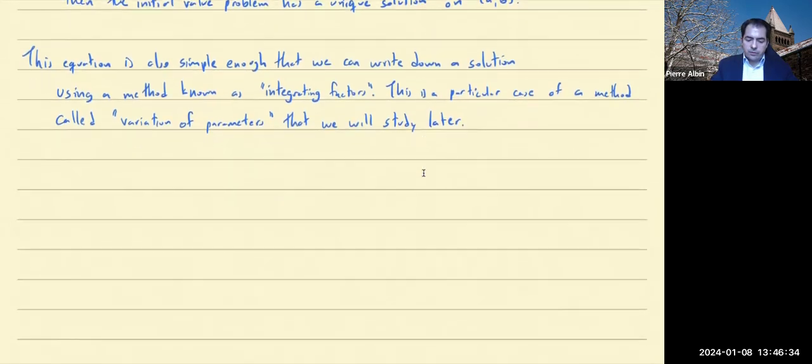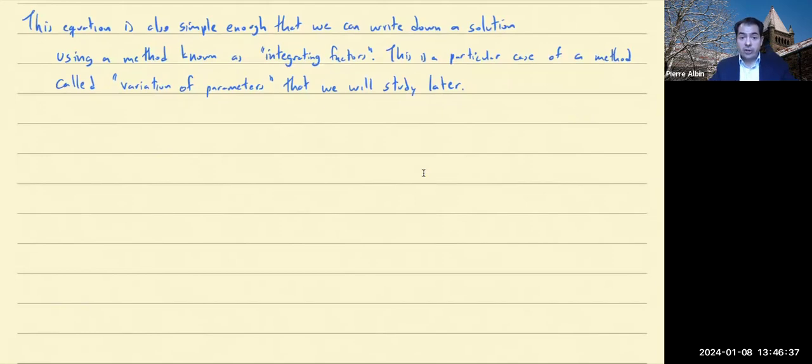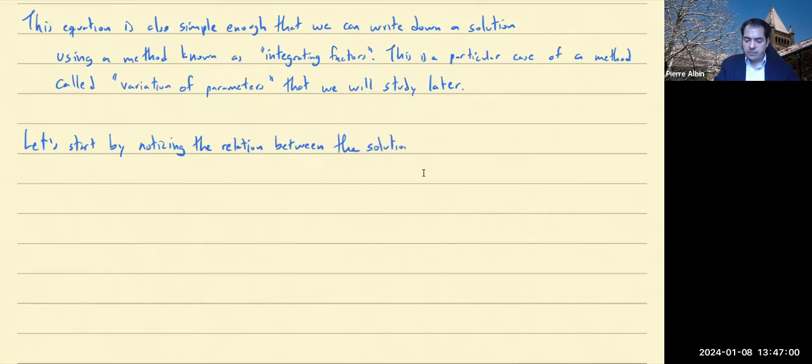Okay, so to carry out this method, it's convenient to start by looking at the relation between solutions of the homogeneous and non-homogeneous equations. Right, so what's the relation?